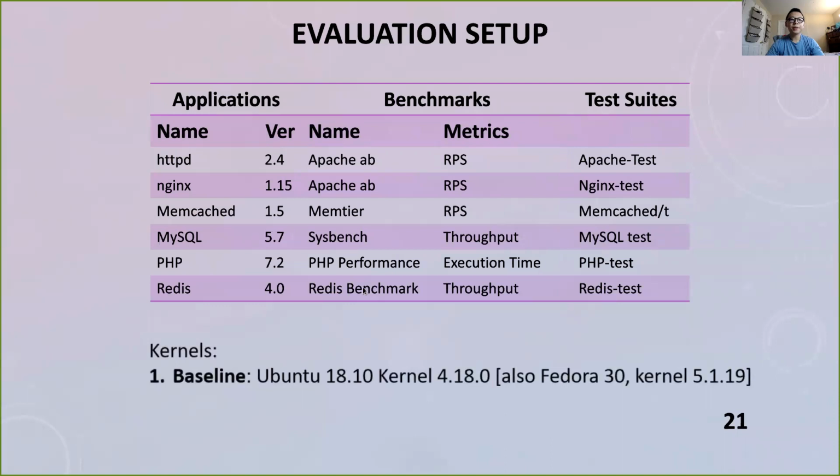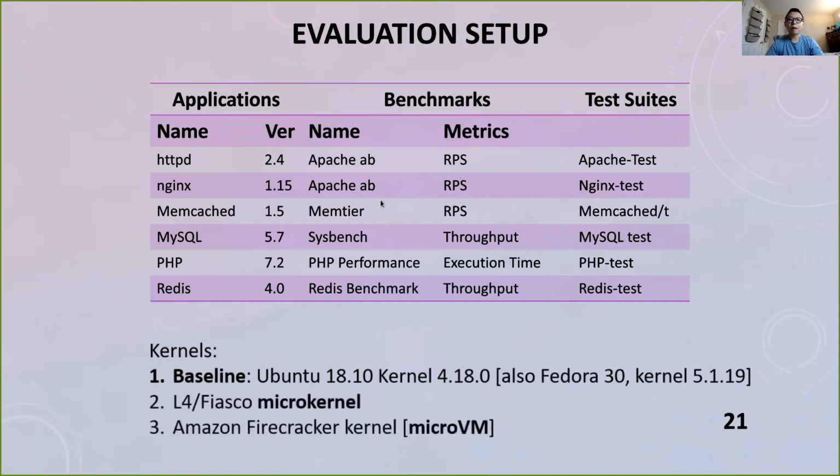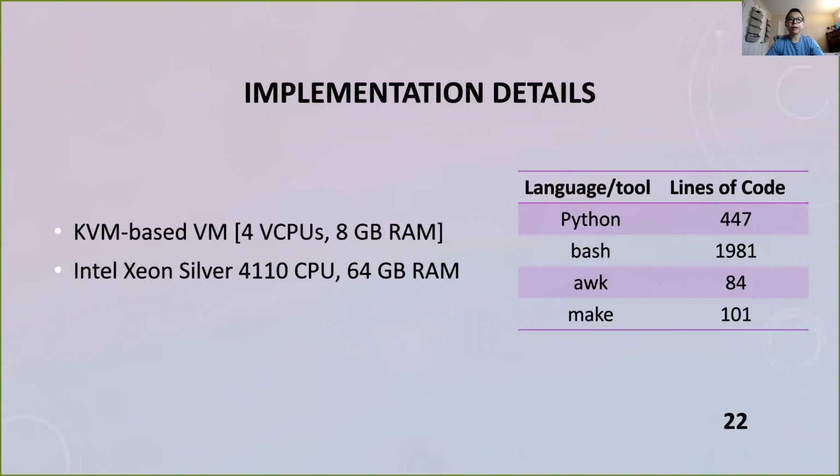Our baseline is Ubuntu kernels since it's the most popular distribution in cloud servers. We also apply COZART to other types of kernels, such as the L4 microkernel and Amazon MicroVM. This is the machine setup for the evaluation and the implementation details for COZART.